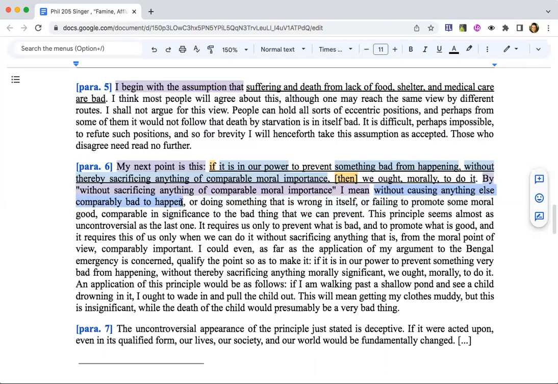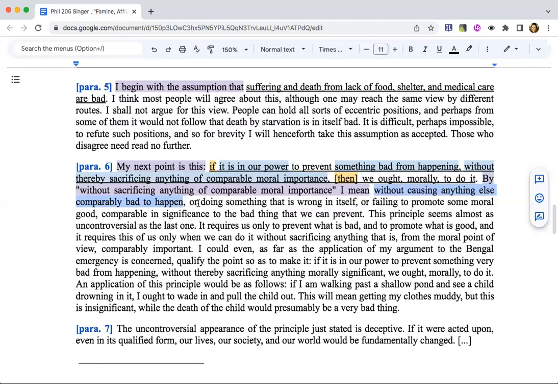In this case, you're not giving up time and money, but it's still what he means when he says sacrificing anything of comparable moral importance. So don't just be thinking about sacrifices as giving up time and money. Think of them more broadly as, what does it take for me to prevent this bad thing from happening? Will I end up doing more harm than good? Then I'm sacrificing something of comparable moral importance and it's not required.